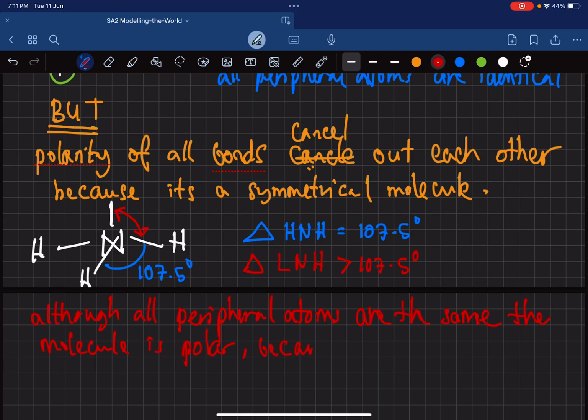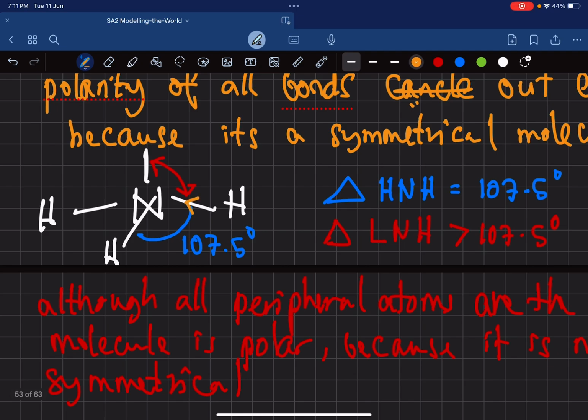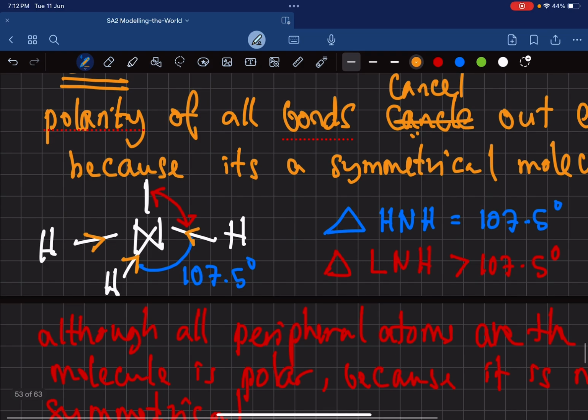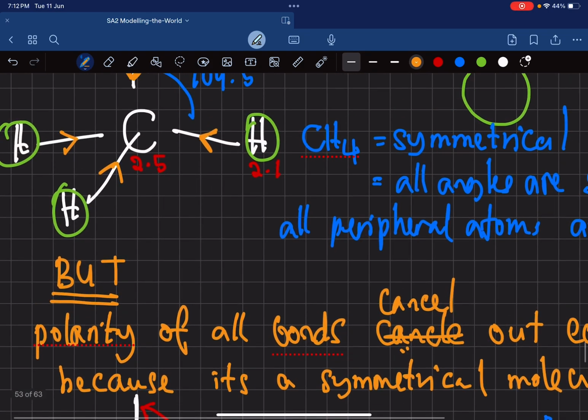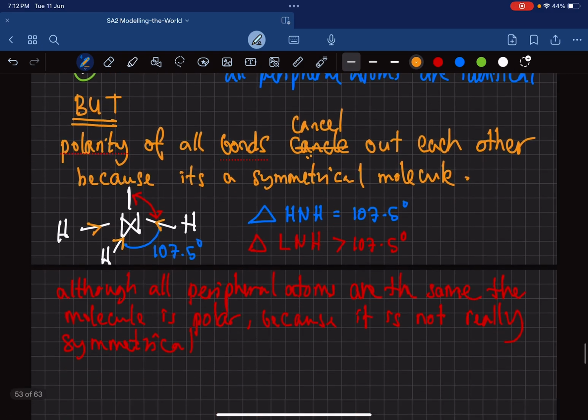Because it is not really symmetrical. Let me explain this to you. This bond is polar, so nitrogen is pulling the electron away. This is pulling the electron away, and this is pulling the electron away. But the polarities of the bonds do not cancel each other out. In the previous case, the polarities cancel because the molecule is symmetrical. In this case, it does not.